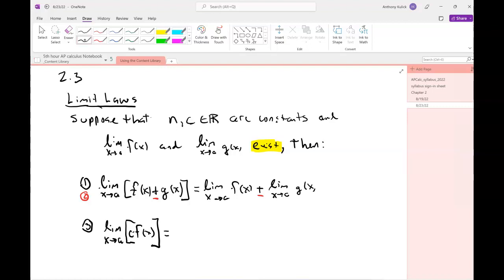Okay, the next one we have the limit as x approaches a of c times f of x. Remember that c is a constant, so something like 2 times or whatever. So what we can do is we can pull that c out front of our limit.